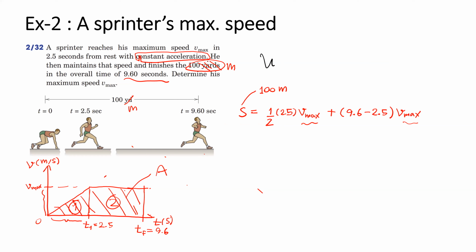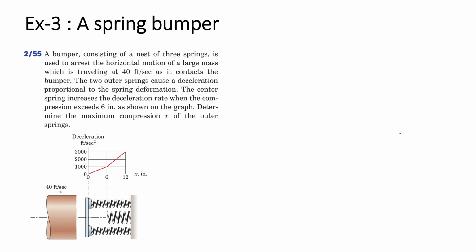How does the velocity change against the time? If you can draw this picture, you can make everything easy. The equation to solve this problem is very easy. It depends on your understanding. And this is the final example for today's class.